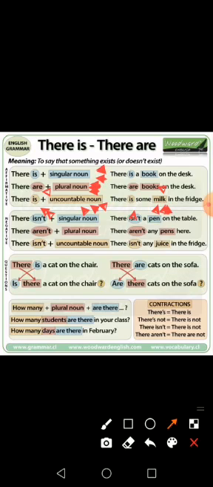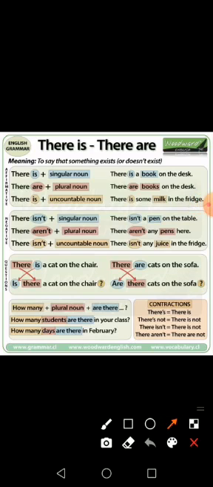We use are with plural nouns like what? Like books, teachers, tables. We use is with uncountable nouns like what? Like milk, water, bread, honey, rice, sugar. So we use is with those uncountable nouns.